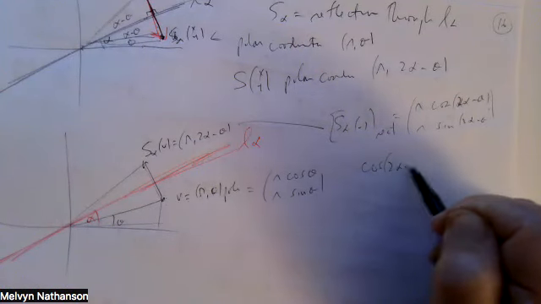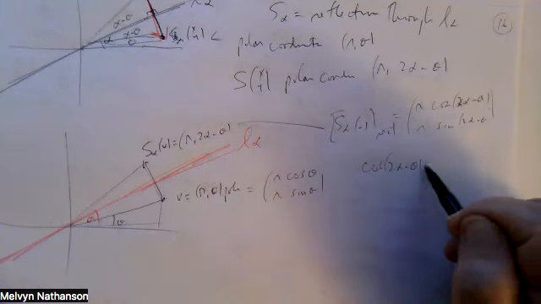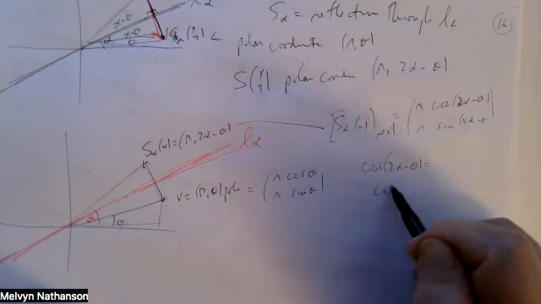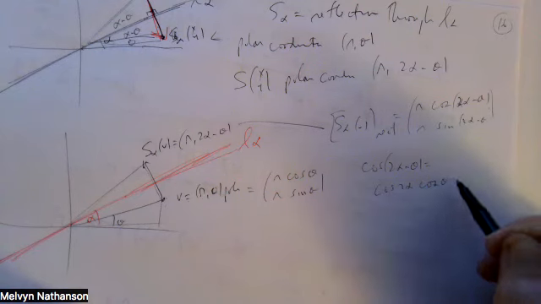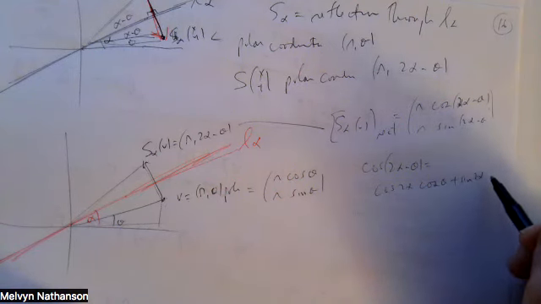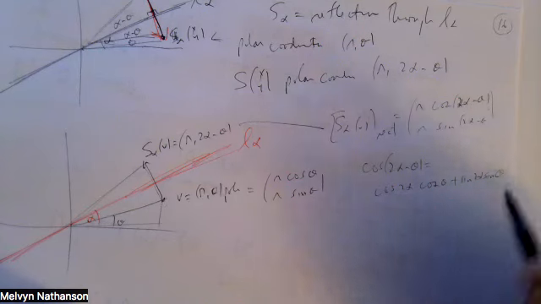Cosine of 2 alpha minus theta is cosine 2 alpha cosine theta plus sine 2 alpha sine theta.